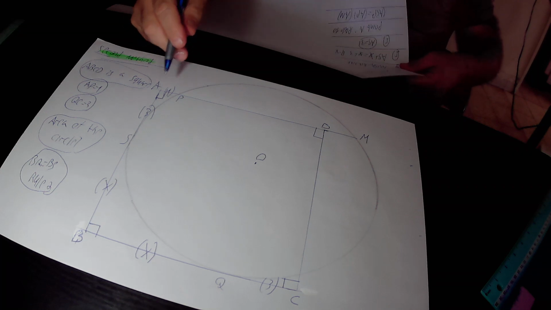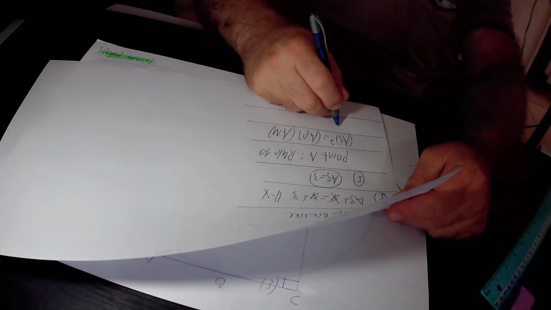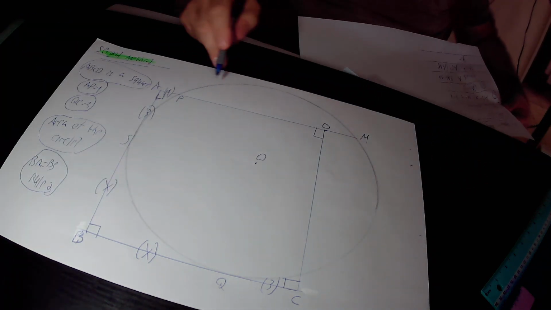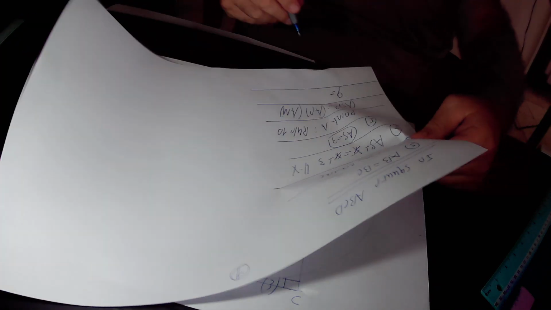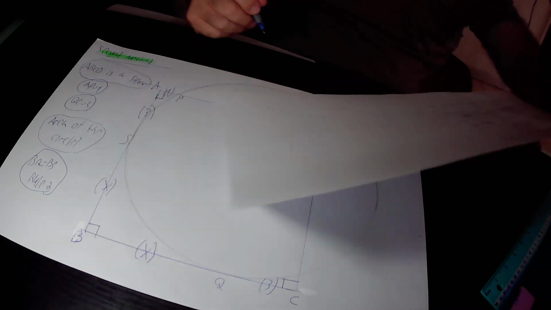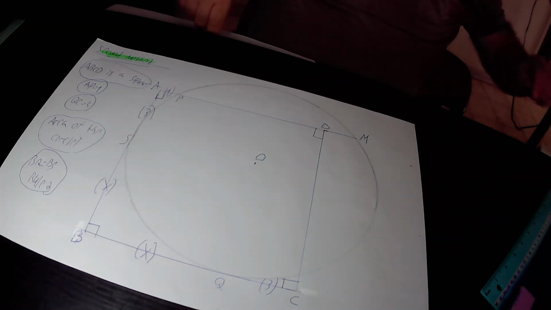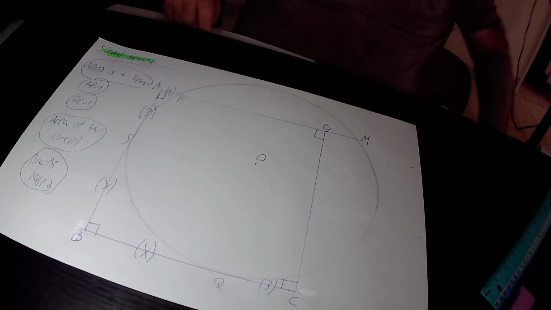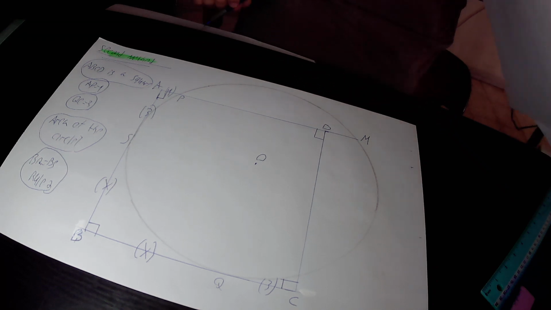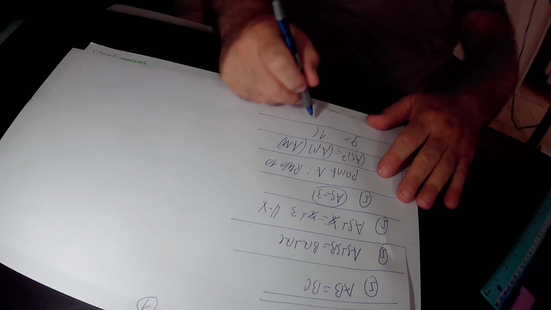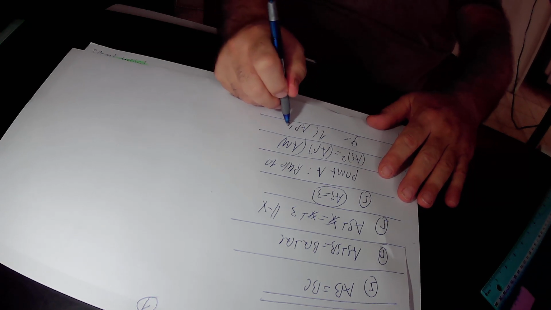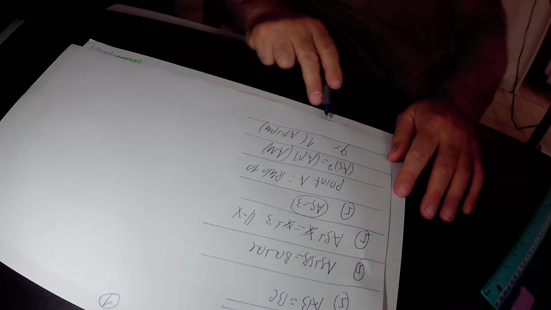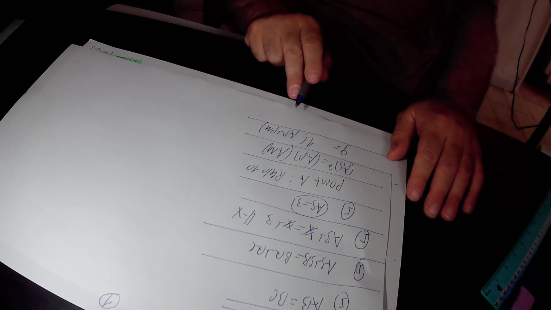AS is 3, therefore AS squared is 3 squared, this is 9. And it is equal to AP times AM. AP is 1, times AM. AM in total equals to AP plus PM. So according to rule 10, 9 equals to 1 times AP plus PM.